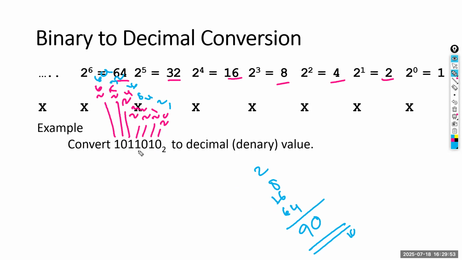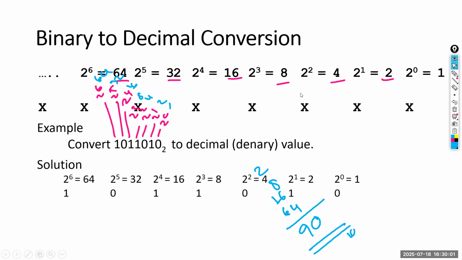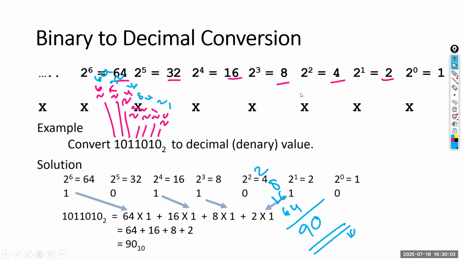This is 10111010. But this is now 90. That is now 90. Is it clear? So that is how you convert a binary number into decimal with solid reason, logic.